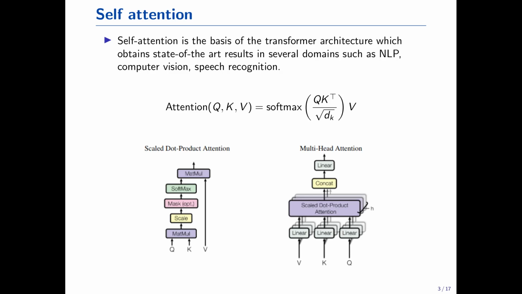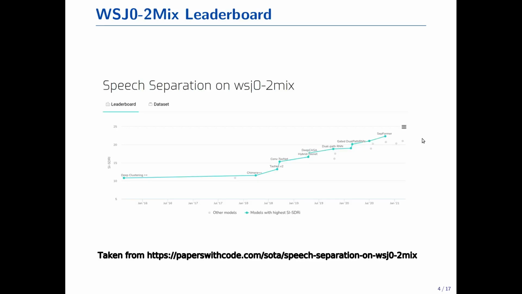So what is self-attention? Self-attention is essentially a fully feed-forward architecture which enables us to model long-term dependencies in sequences. It is the basis of the transformer architecture, which obtains state-of-the-art results in domains such as natural language processing, computer vision, and speech recognition, just to name a few.